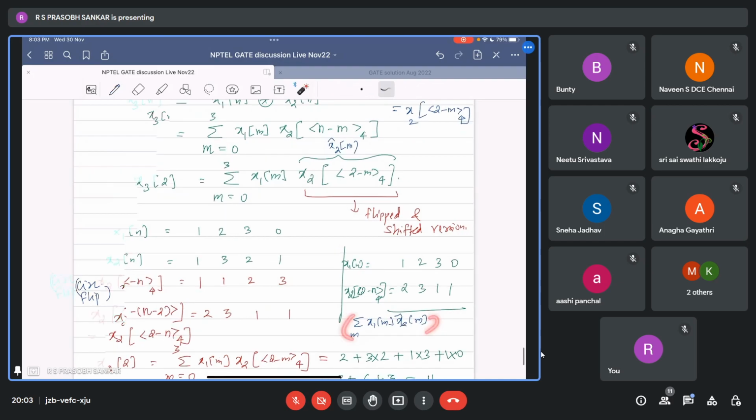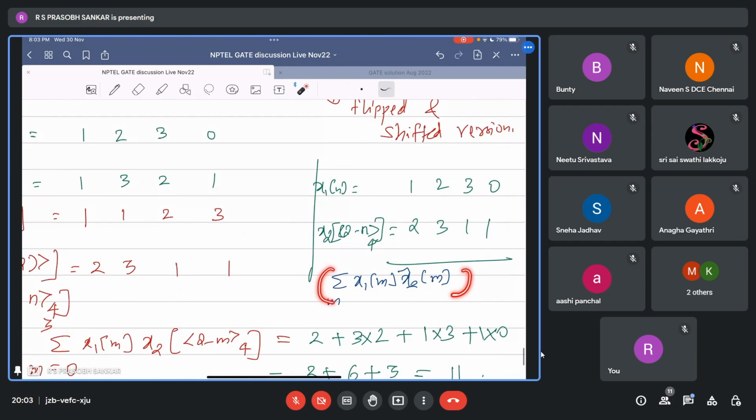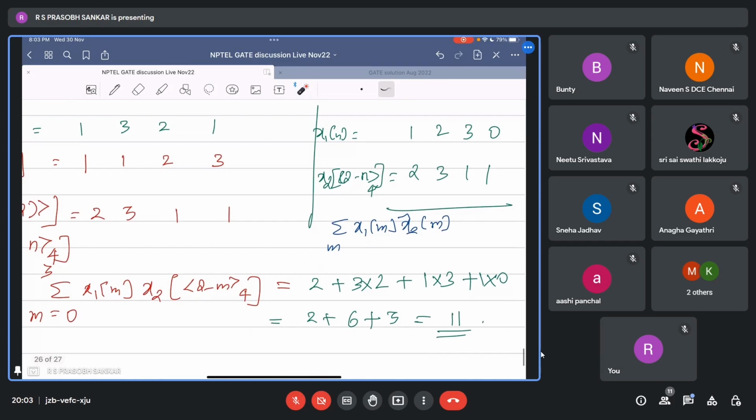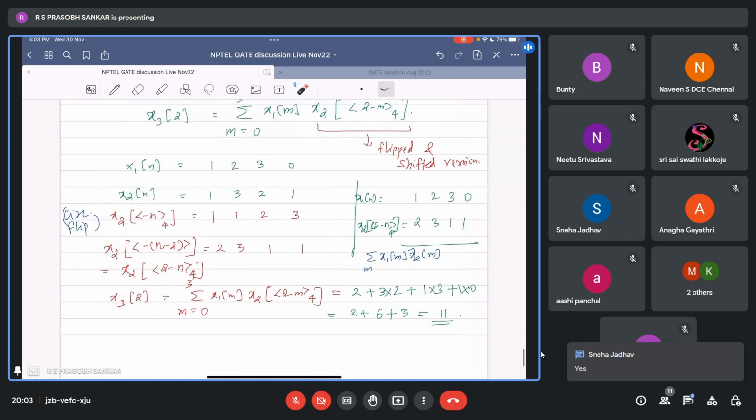That's it. This is okay, right? How do I do that? Multiply the corresponding terms and add them. Correct, no? Is that okay? Is that clear now? Any other questions? This is okay now?